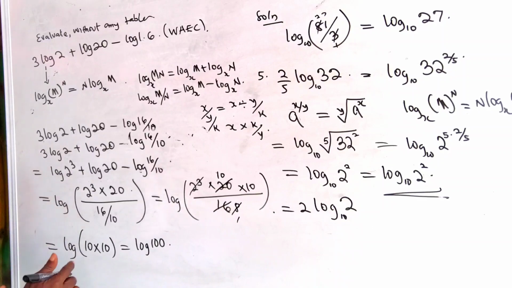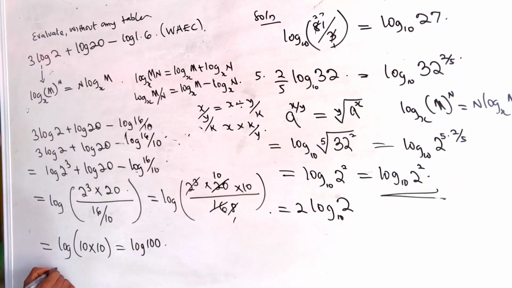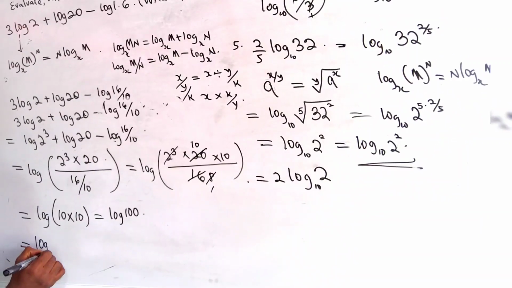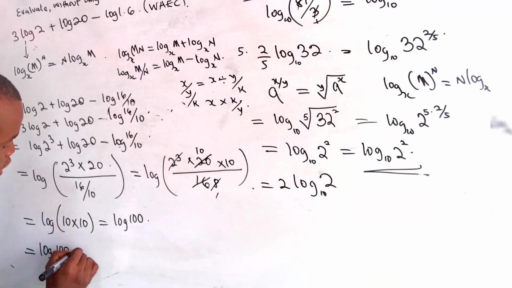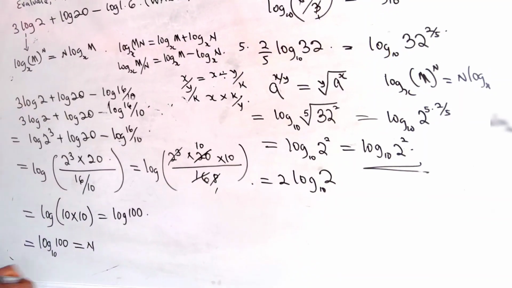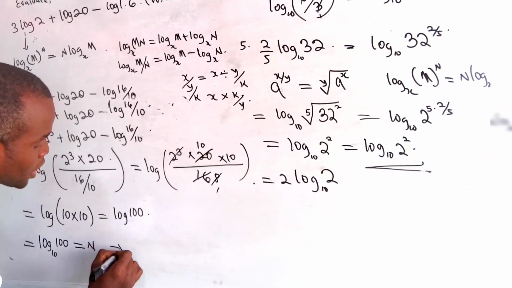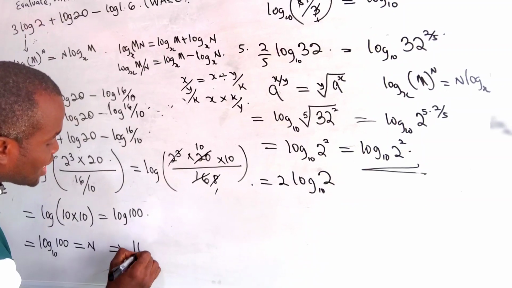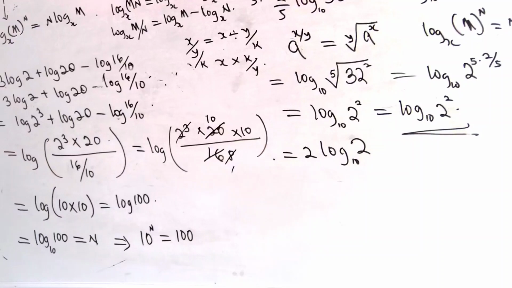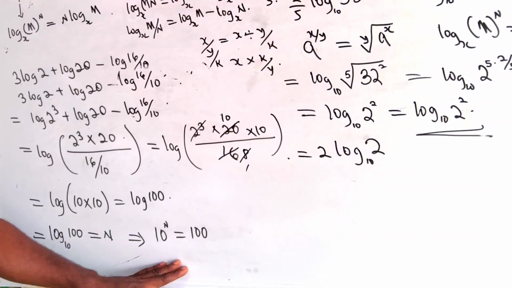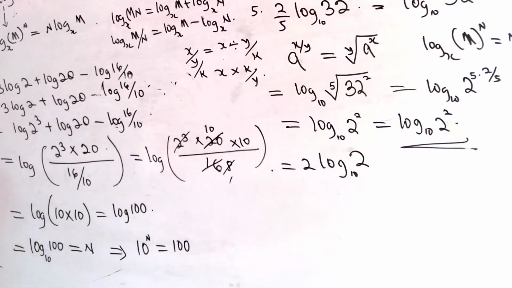Now, all you need to do, you say, okay, what you have here is equal to log 10 of 100. So this is equal to n. Assign an arbitrary letter to it. From the law of indices, you have 10 raised to power n equals 100. That's not magic, because, like I said, logarithm is a mirror of indices.